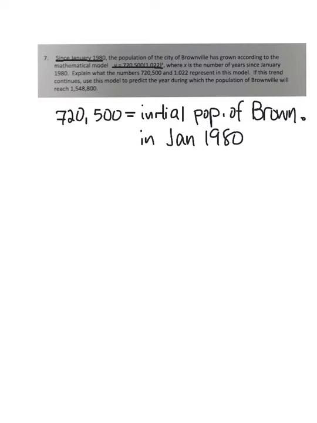Okay? All right, now let's look at the next thing they ask you to explain. They ask you to explain what this means. Well, just like I said for number 3 and number 6, this number is greater than 1. So we know that there's a growth, correct? So this would be the growth rate.